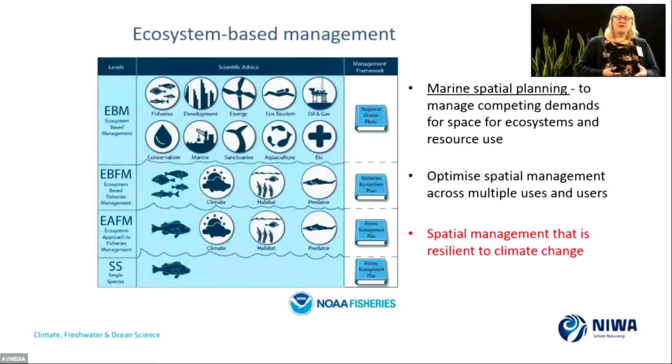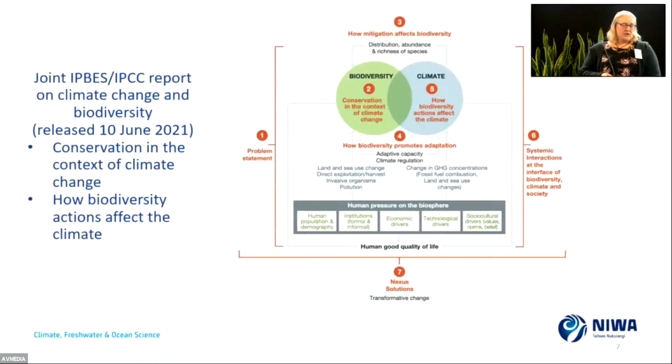How do we make sure the system, and all of us have different views of what that system might be and what values of the future we hold most strongly, is resilient to climate change?